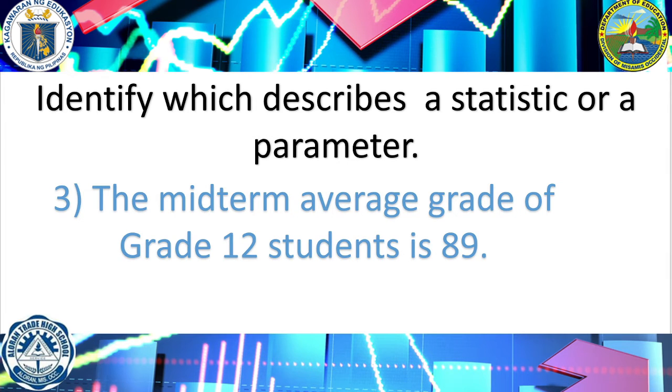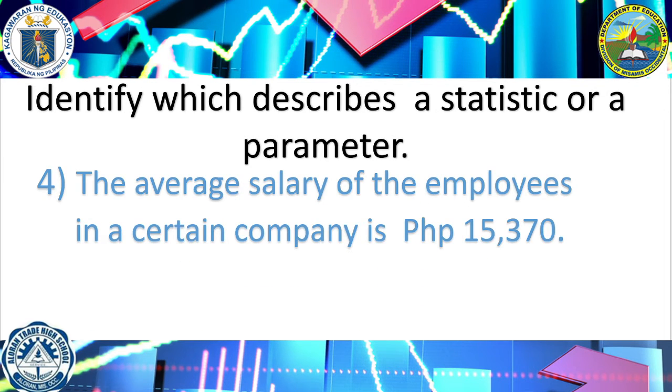Number 3. The midterm average grade of grade 12 students is 89. Is this a statistic or a parameter? This is a parameter. Number 4. The average salary of the employees in a certain company is 15,370.